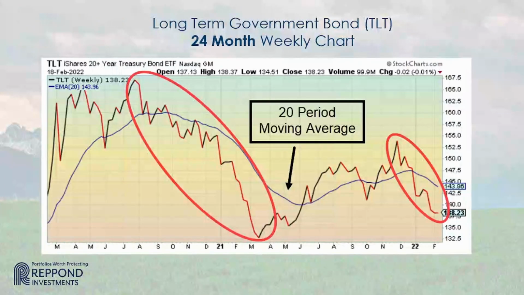However, now that bonds have hit their bottom, we think it's a bottom, of zero interest or zero yield, and the interest rates are at 0% approximately, they have nowhere to go but up. This assumes that you don't believe in negative interest rates. And as that happens, the protection that bonds are going to give you against equities is not going to be what it was for the last 40 years.